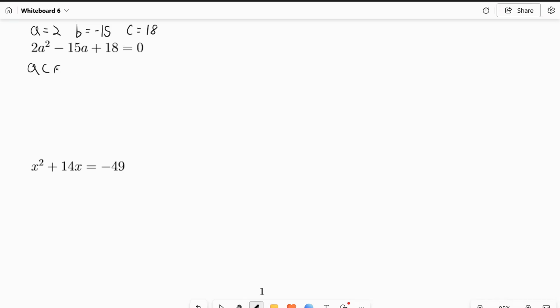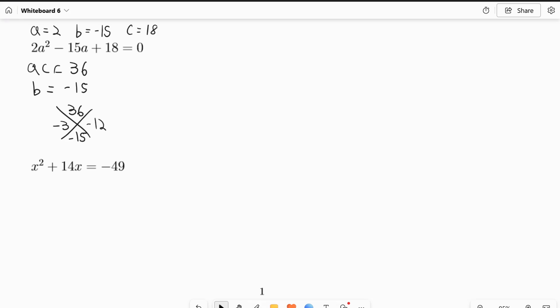So AC would be 2 times 18, which would give us 36, and our B value is negative 15. So I'm looking for two numbers that multiply to 36 and add to negative 15. Thinking about this, you would get negative 3 and negative 12.